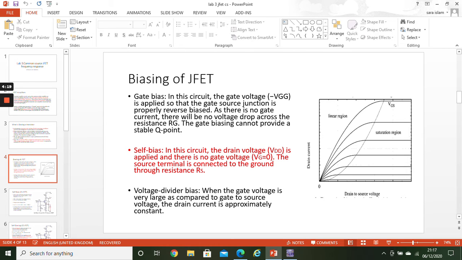After a specific amount of VDS voltage, your transistor turns into saturation mode, but the condition is that your gate voltage should be negative, first zero, then negative voltages. So the first condition is that VGS is negative, then VDS should be in a specific range. That's the second condition, right? The biasing technique we will be implementing in our lab is self biasing.